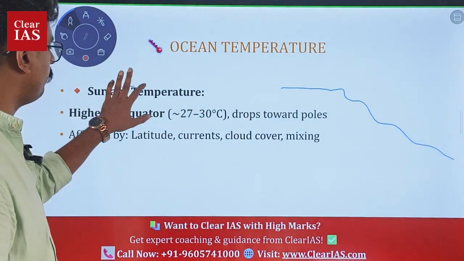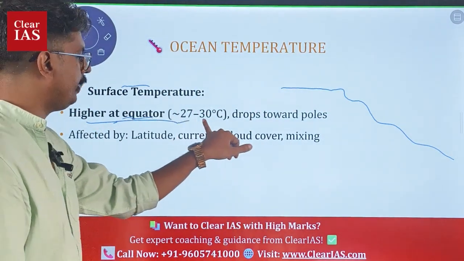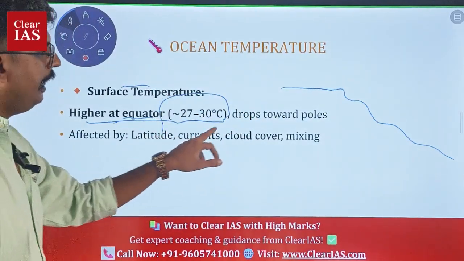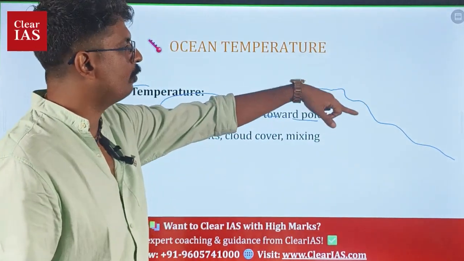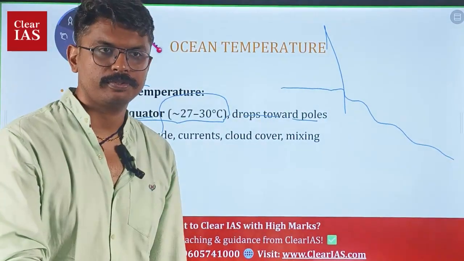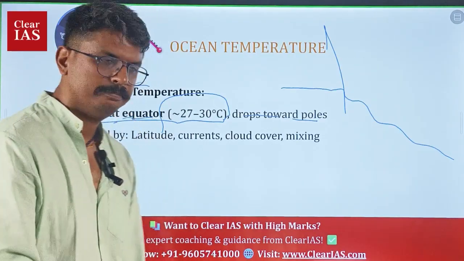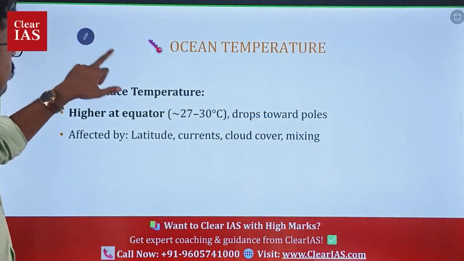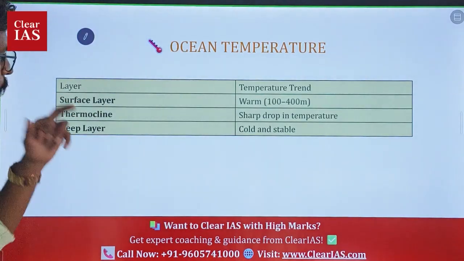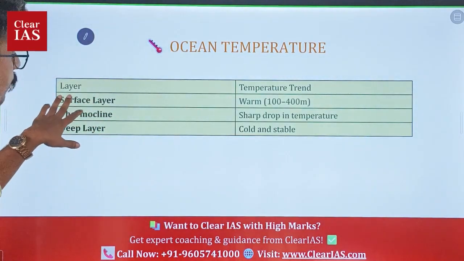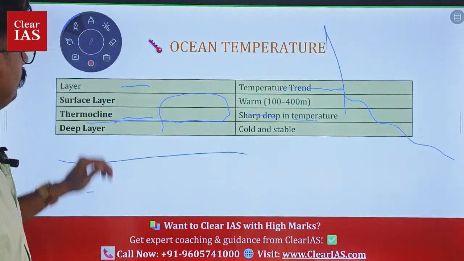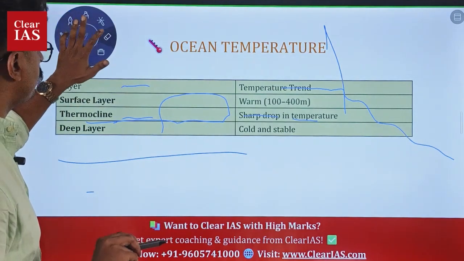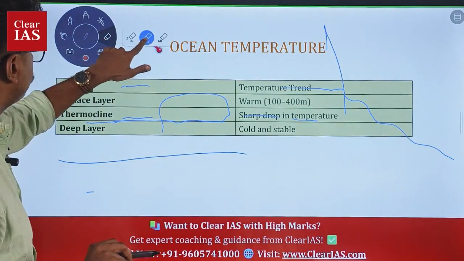So the surface temperature is highest at the equator, around 27 to 30, and then it drops as you move towards the poles. Then it is affected by the factors we have discussed. Now, surface layer. If you draw the temperature chart, it would look something like this.